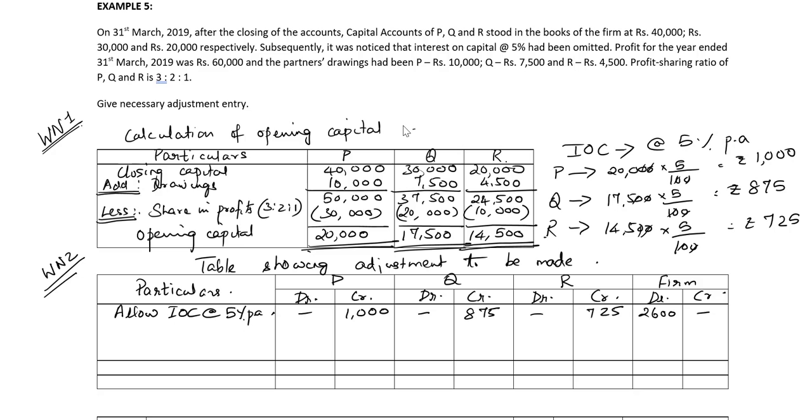The error has been rectified. We'll balance the firm: 2,600 to the credit. This needs to be divided among P, Q and R in their profit sharing ratio. So we'll divide 2,600 in 3:2:1.